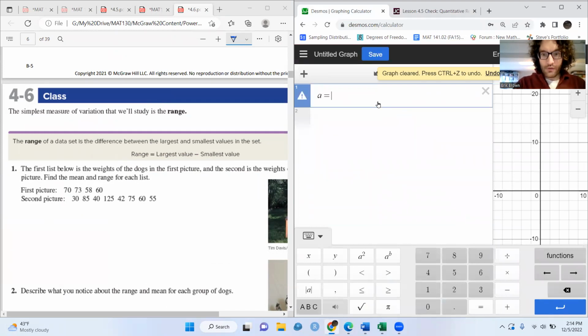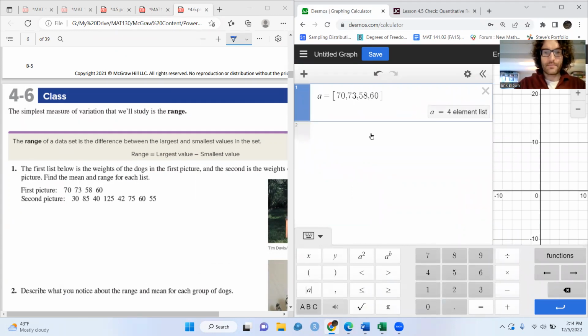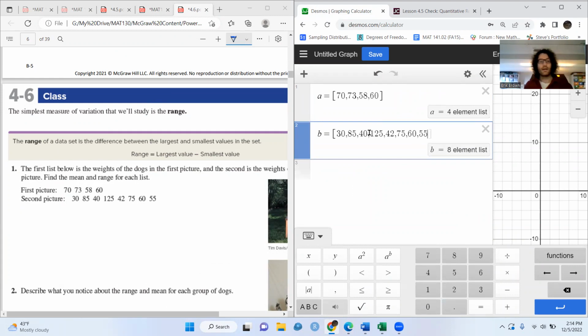We'll call A the first picture. Remember, you want your square brackets: 70, 73, 58, 60. And B will be the second picture of dogs: 30, 85, 40, 125, 42, 75, 60, and 55.